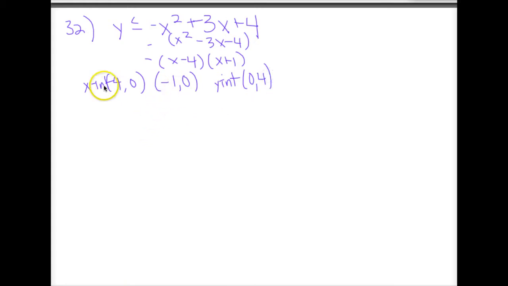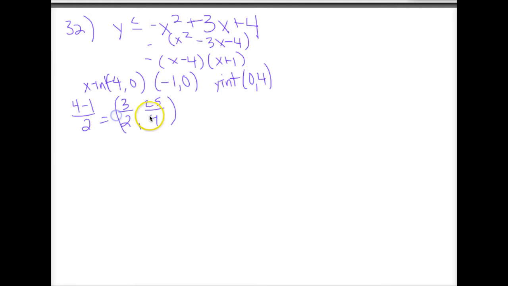I know that my vertex, remember the x-coordinate is halfway between the two x-intercepts, so you can either do 4 minus 1 divided by 2 to get an x-coordinate of 1.5, or you could also have done opposite of b over 2a with the original to get this x-coordinate, and then I plugged it in to get the y-coordinate, which was 25 over 4.